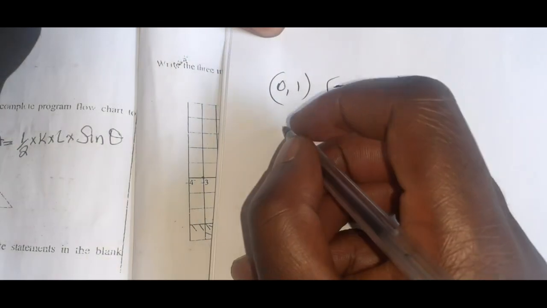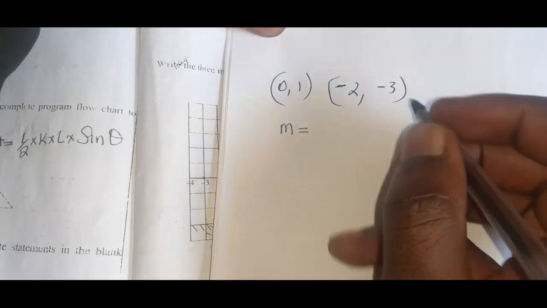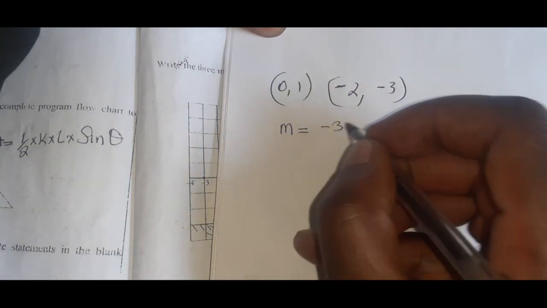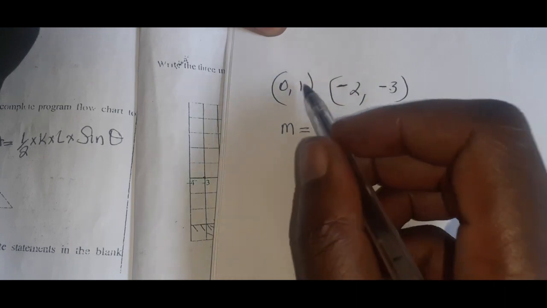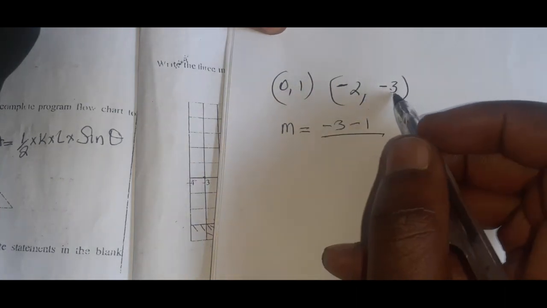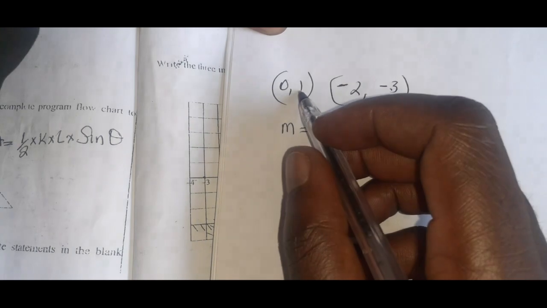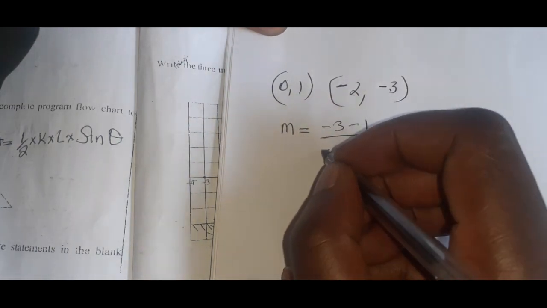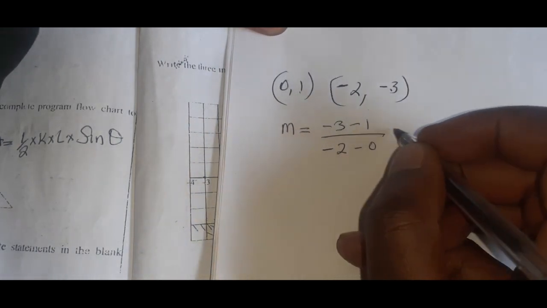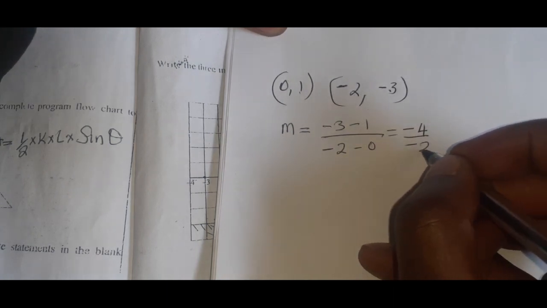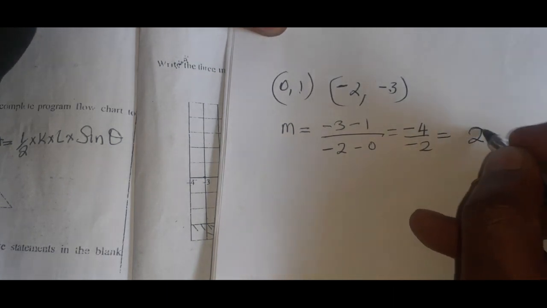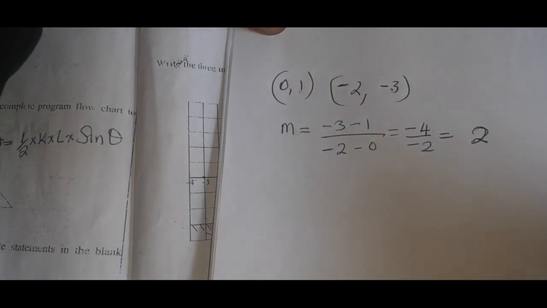Then again, we do the same thing. We find the gradient. The gradient m is equal to -3 minus 1, y2 minus y1, over x2 minus x1. So this is -4 over -2. What are we going to get? We're going to get +2. So this is our gradient.